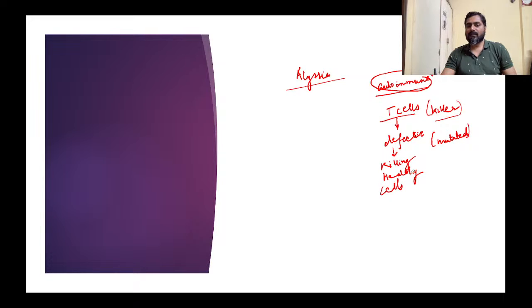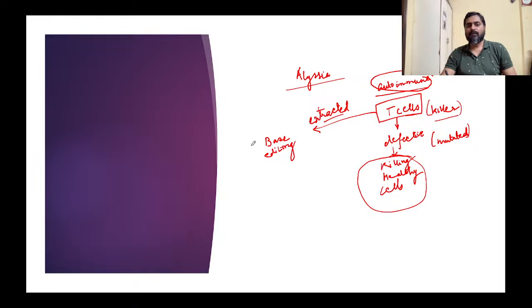So what was done in this case is that some of the T cells from her body were extracted, and then we went for base editing using CRISPR-Cas9. When you say base editing, base here means the nitrogen bases, and the base editing was done using CRISPR-Cas9, and the T cells were made healthy.